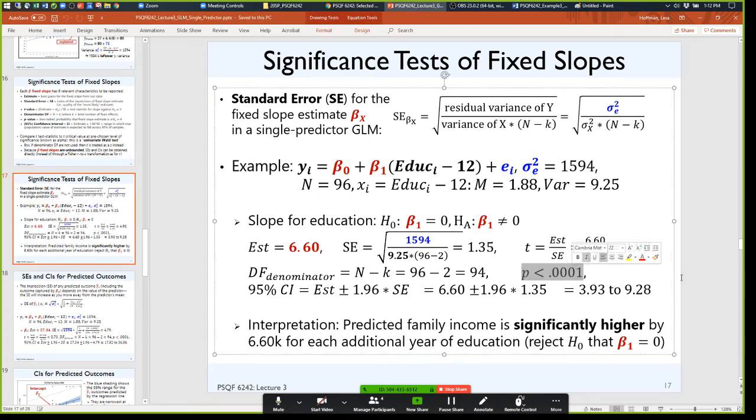The exact probability of getting a t of 4.9, if the null hypothesis were true, in this case meaning that we have an expected slope of 0, would happen less than 0.01% of the time. So even if we had adopted a more stringent alpha, 0.01 instead of 0.05, or 0.001, this would still be declared unexpected.